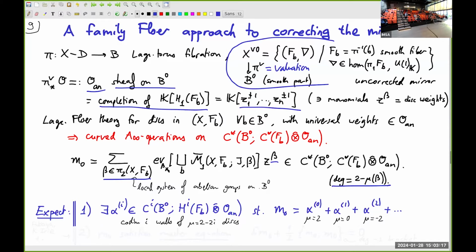So the first thing I expect is that in good situations, and maybe I would take that as a definition of the family being family weakly unobstructed, the M0 that I can define in this way by counting all disks with boundaries on all the fibers will actually split, according to Maslov index, into terms that have the same cohomological degree in the base and in the fiber. So Maslov index 2 disk counts, I would like them to be codimension 0 in the base, 0 in the fiber, Maslov 0 codimension 1 in each, and so on.